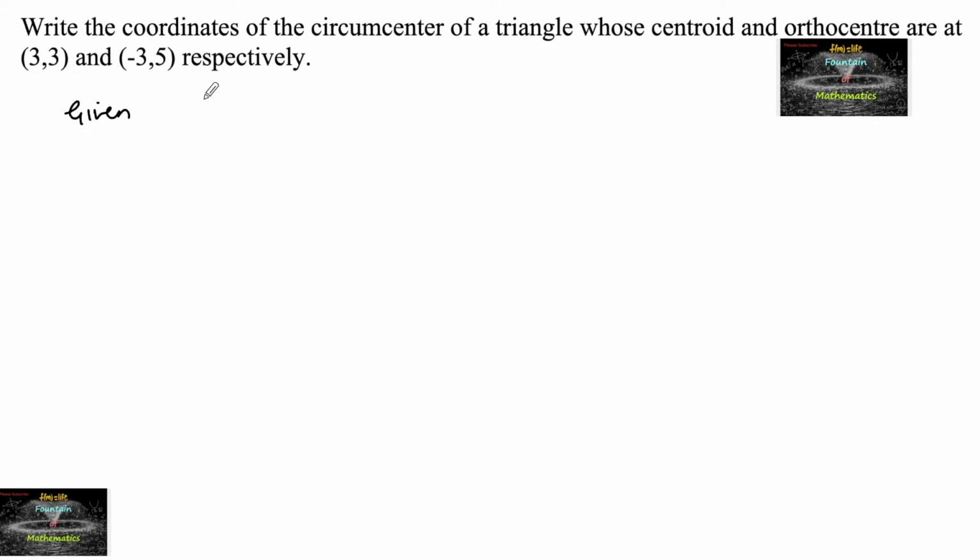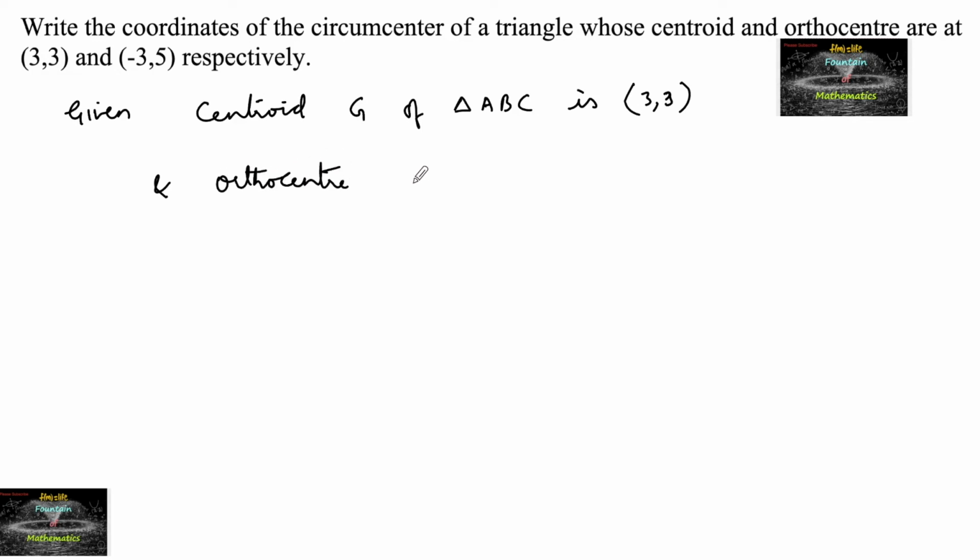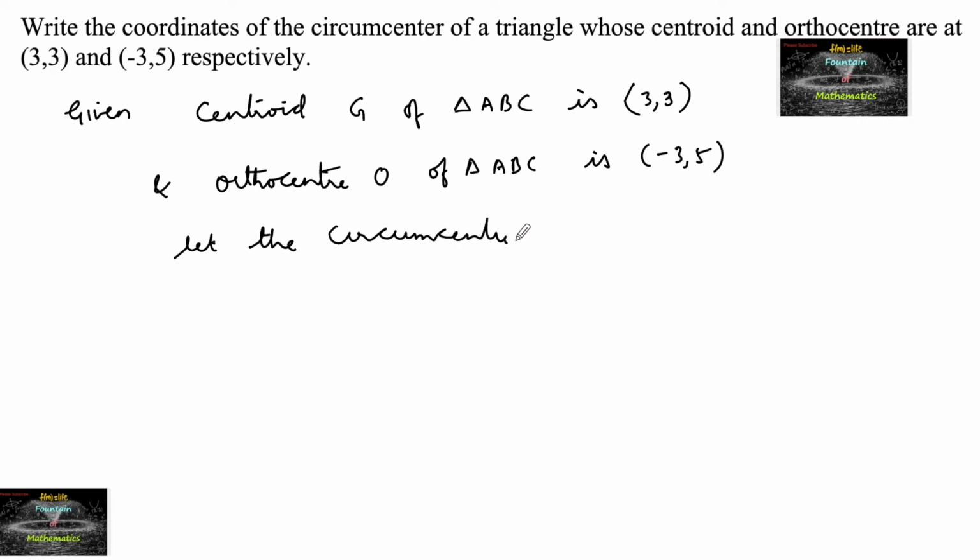Given centroid of triangle, say ABC, is (3, 3), and orthocenter, let us consider O, of the same triangle ABC is (-3, 5), and let the circumcenter of triangle ABC be C, say (alpha, beta).